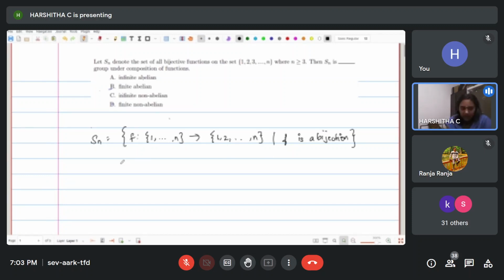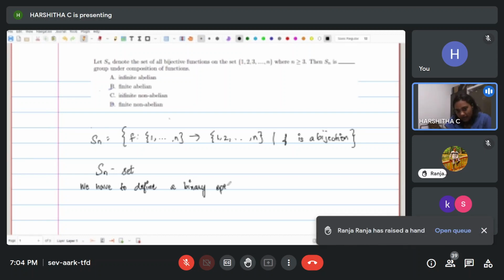And in order to make it into a group, what do we need? We need an operation between elements of Sn. Now Sn is just a set, right? So to make Sn into a group, we have to define a binary operation on Sn. And what is the operation?